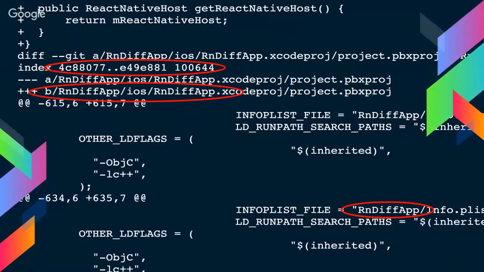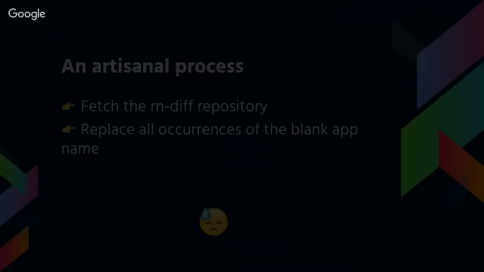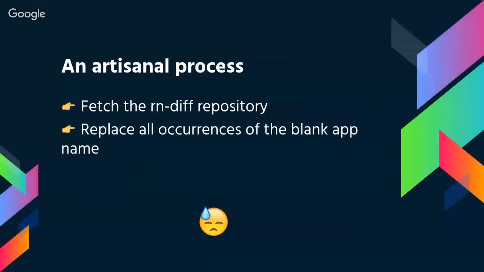And this patch has been generated for the blank app, so there are occurrences of the name of the blank app everywhere in the code, so you have to replace all. It's not so easy. It's a bit hacky, but it works. I did it sometimes.